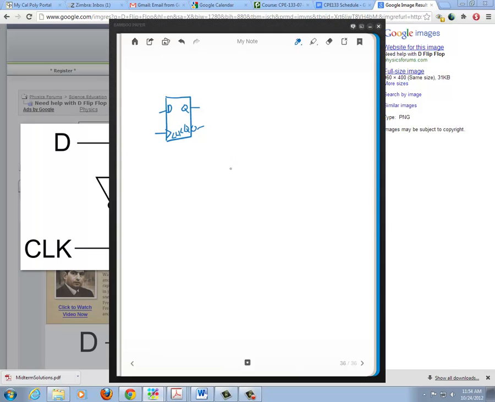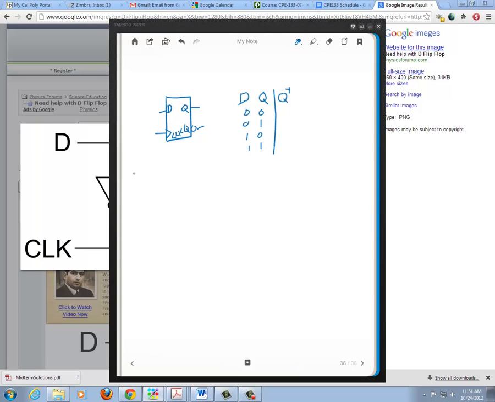Now we're going to look at the present state, next state table. We have our inputs D and Q. You might be thinking at the moment, well, what about clock? Well, I'll show you where that comes into play in a moment. And our next state, Q plus. So D and Q being 0, 0, 0, 1, 1, 0, or 1, 1.